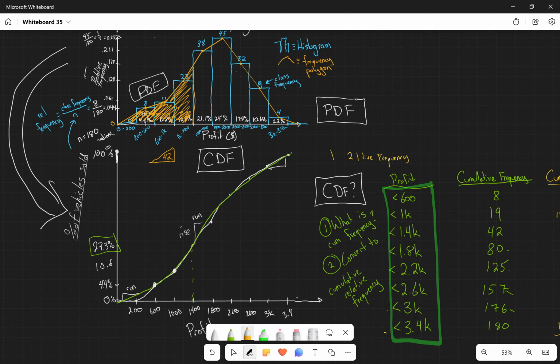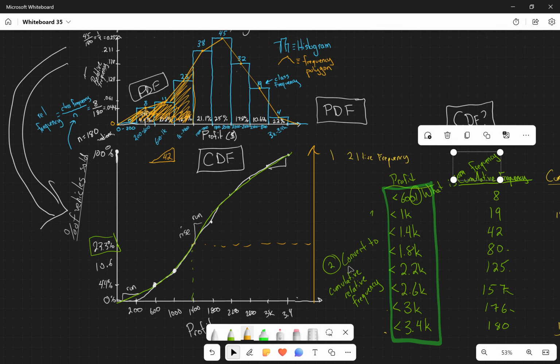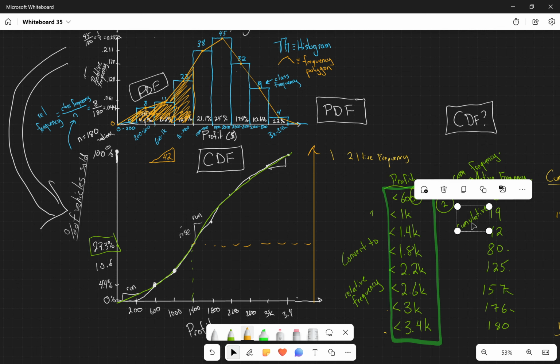Answer to life, universe, and everything, right? And that 42 corresponds to, if we look at this other axis here, and this other axis is the cumulative frequency.